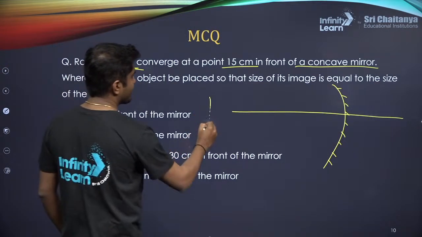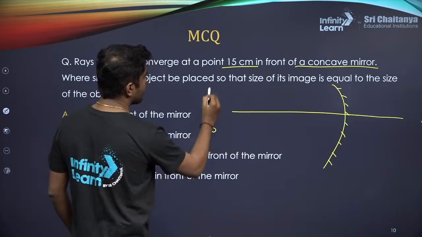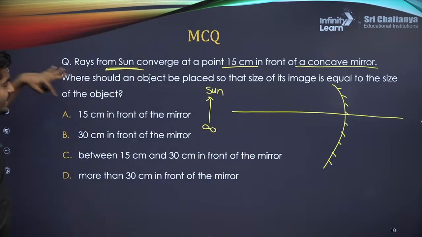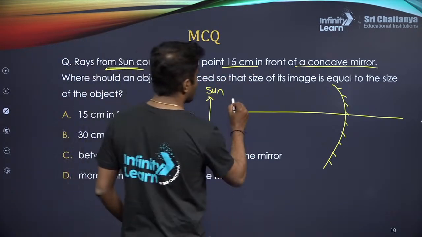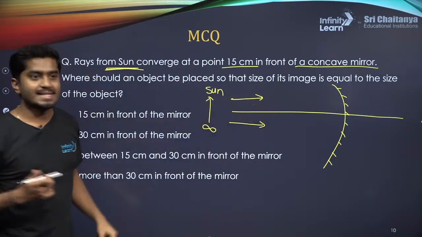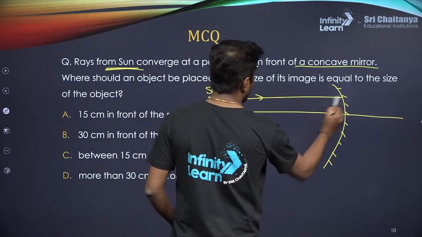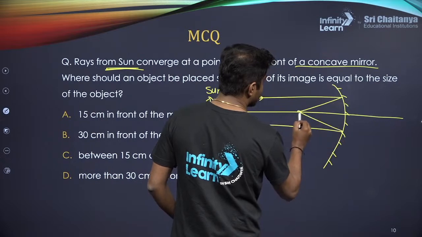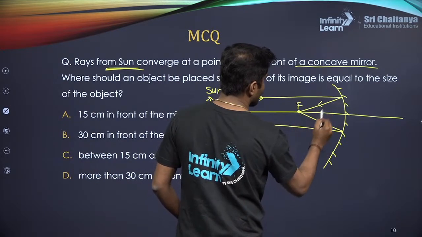So the rays coming from the sun are parallel to the principal axis. They will fall on the mirror and converge at this point. This we know as the focus.